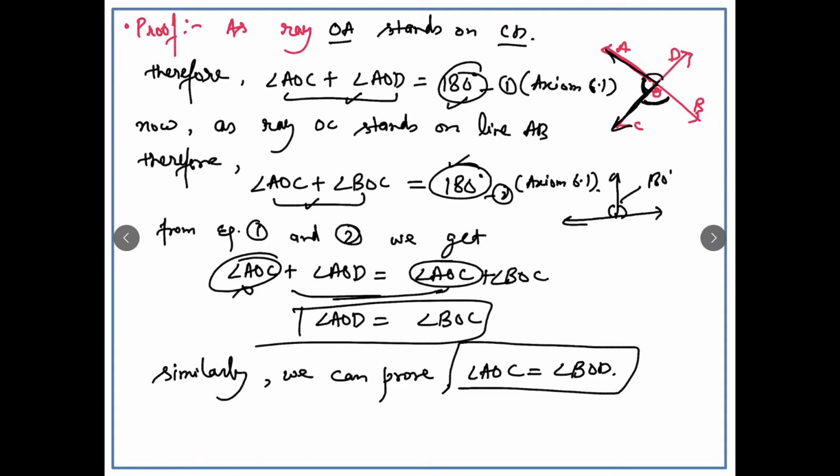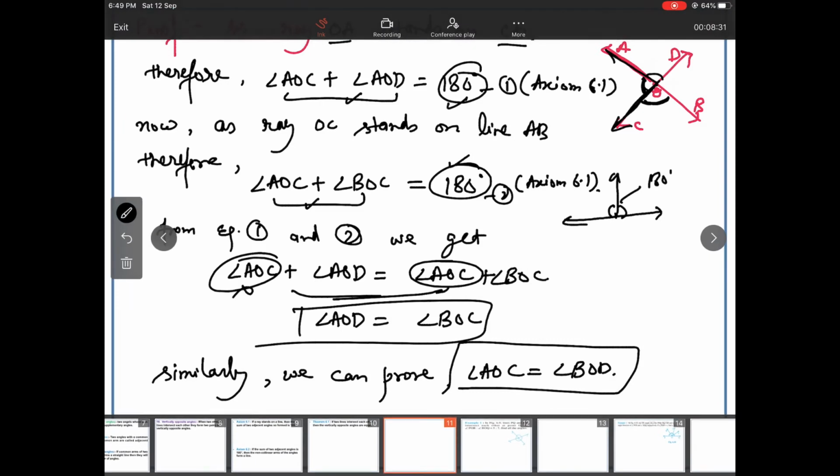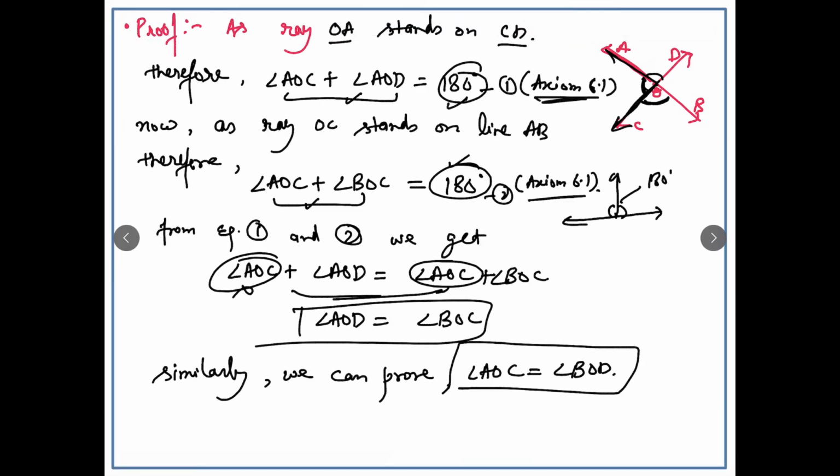So that's the proof of theorem 6.1. We have used axiom 6.1 here, and using that we have proved that angle AOD is equal to angle BOC, and similarly angle AOC is equal to angle BOD.